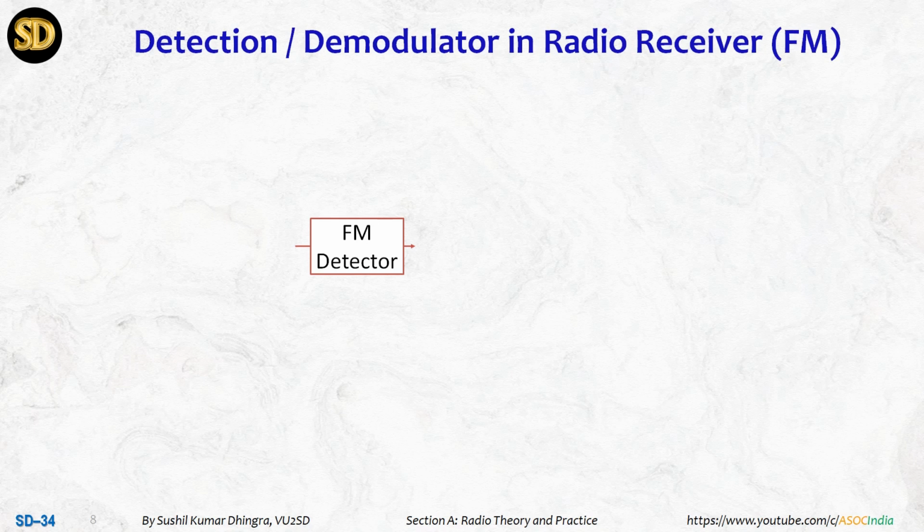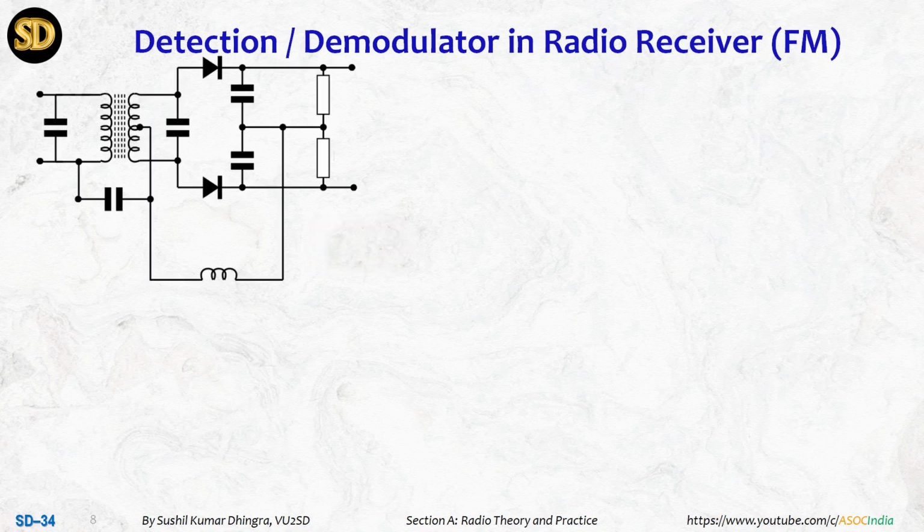just trying to explain how an FM detector works. Listen carefully. Just see a simple diagram concept. Here I am taking a signal after the IF amplifier, feeding it to a transformer, and a capacitor is used to stop higher-level RF spikes so that RF should not come through, only IF goes.